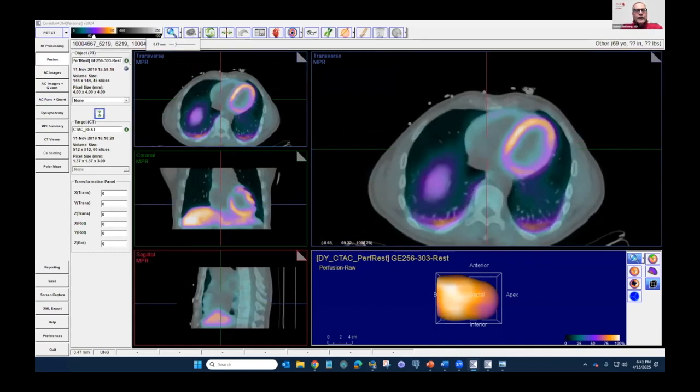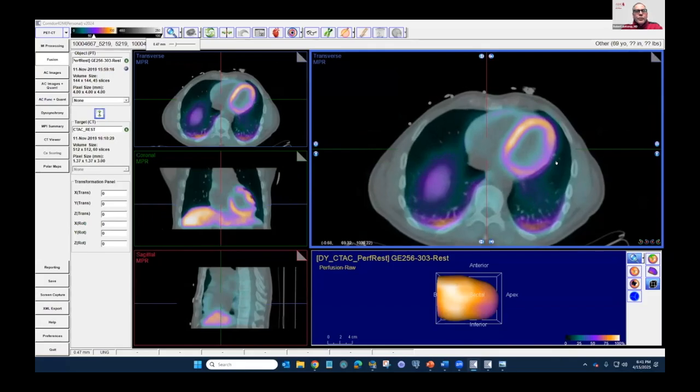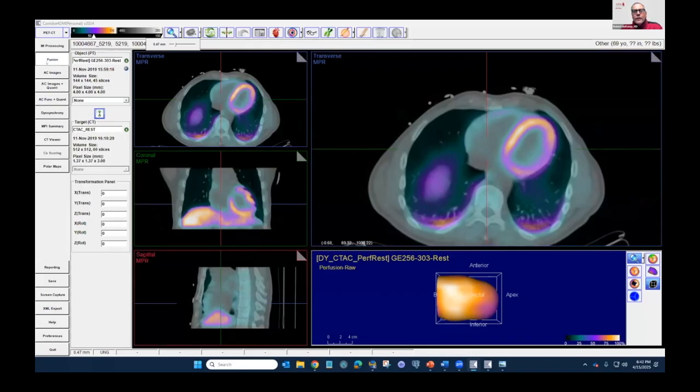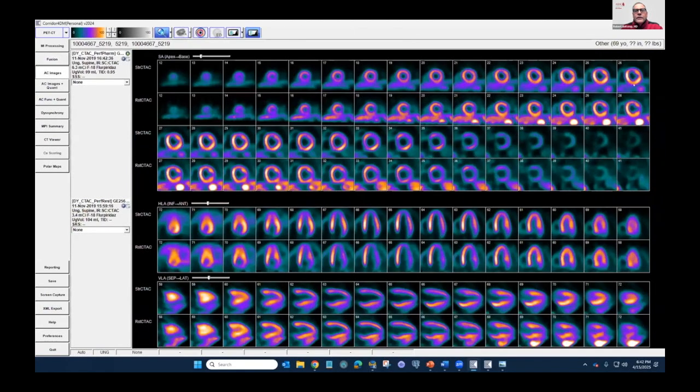Yeah, thank you. Great observations, James. I would just also point out on the images themselves, of course, it's unusual to have a resting defect that improves at stress. So, that's one hint that would make you think about an artifact.